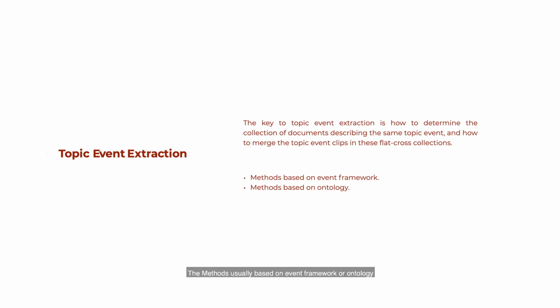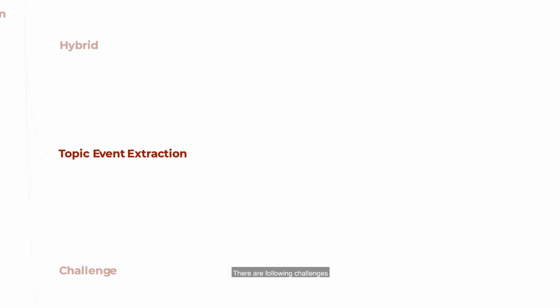The methods are usually based on an event framework or ontology. There are the following challenges: system scalability and portability. The application of the system is restricted by the field and cannot be easily and quickly transplanted or expanded as the field changes. Meanwhile, if there are problems with the foundation such as entity recognition, it will cause cascaded errors.